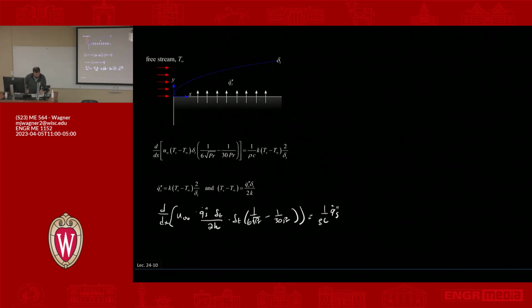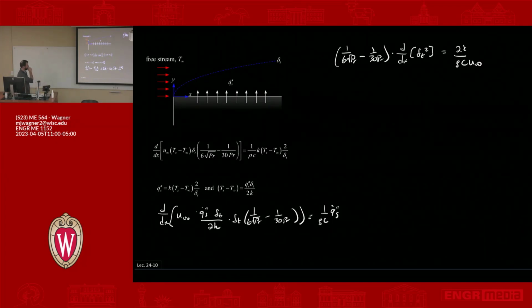So that would end up looking like this, which would be 1 over 6 square root of Prandtl minus 1 over 30 Prandtl times dx of delta T squared equals 2k over rho c u infinity.